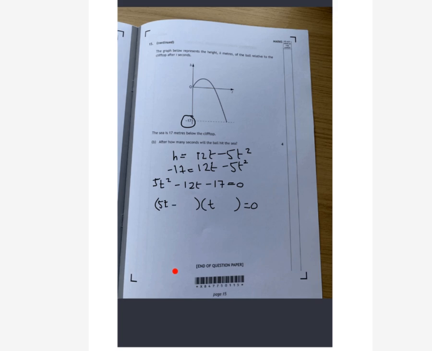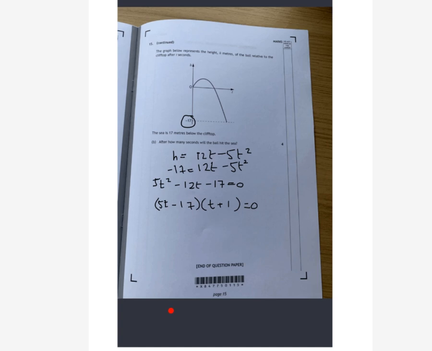So I think if we pop into here, negative 17, and that would be plus 1, and 5t times t is 5t squared. Negative 17 times t is minus 17t, plus 5t would be negative 12t, and negative 17 times 1 is negative 17, so that works.